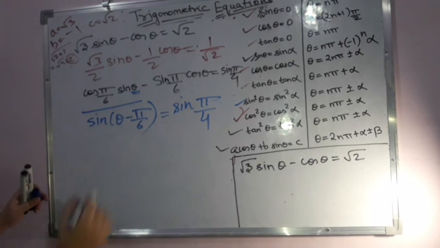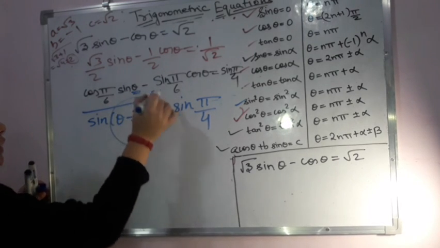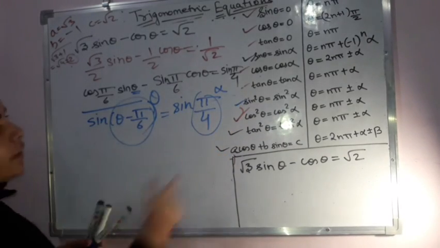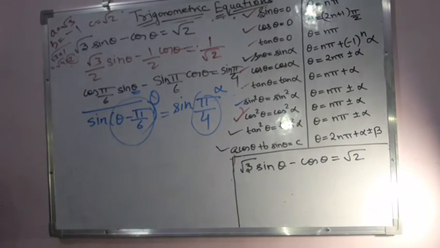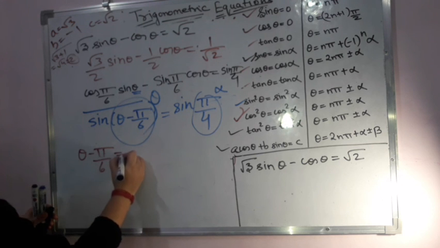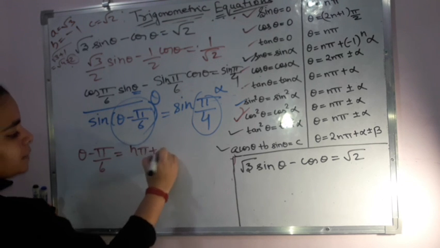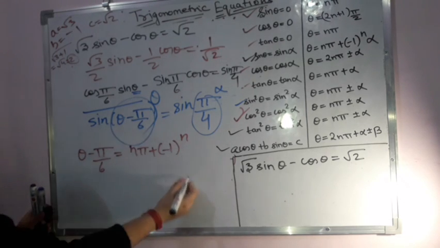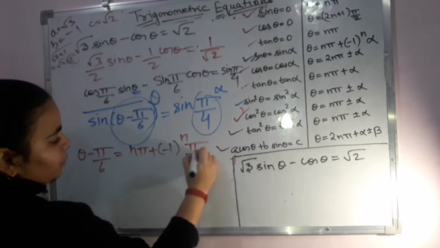Now assuming this entire value to be theta again, and this is alpha, then sin theta is equal to sin alpha, then my theta is equal to n pi plus minus 1 raised to the power n alpha. That means theta minus pi by 6 is equal to n pi plus minus 1 raised to the power n into alpha, and alpha in this case is equal to pi by 4.